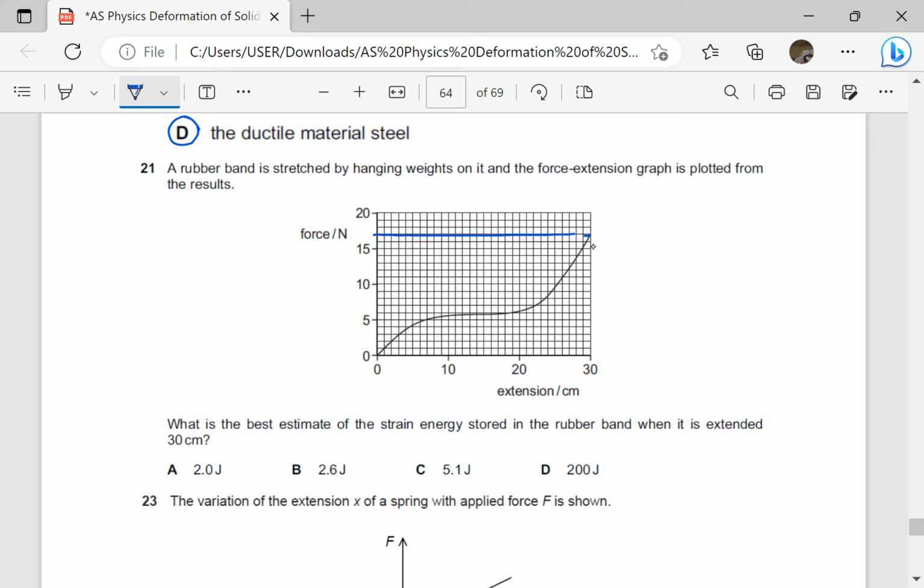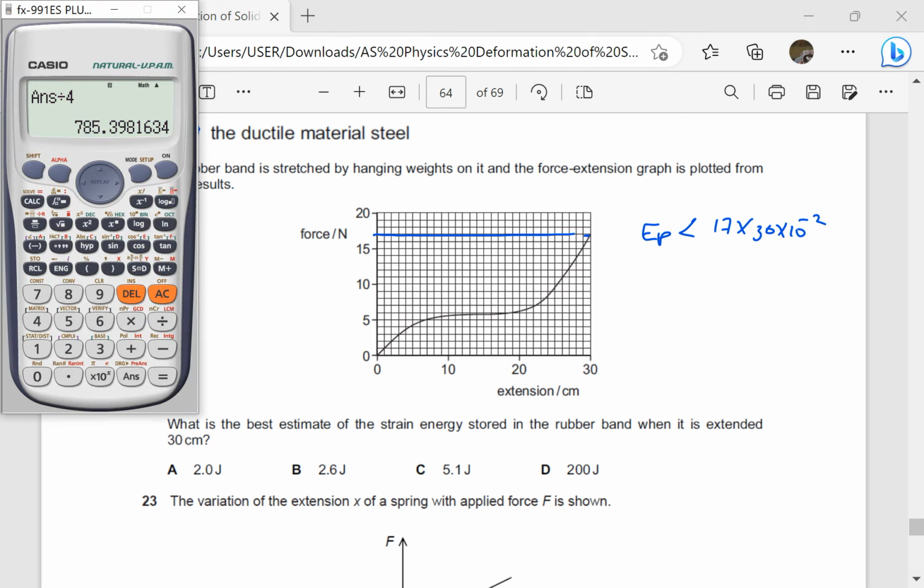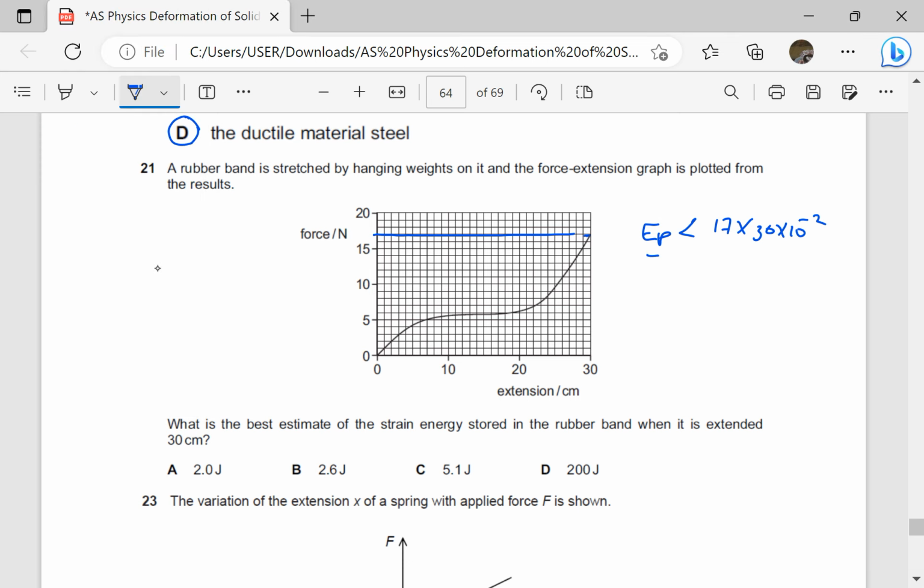And we said the energy must be less than that area, must be less than 17 on the vertical. Yes, 17 times 30 times 10 power negative 2. So the energy must be less than that value, 17 times 30 times 10 power negative 2. So the elastic potential energy must be less than 5.1.